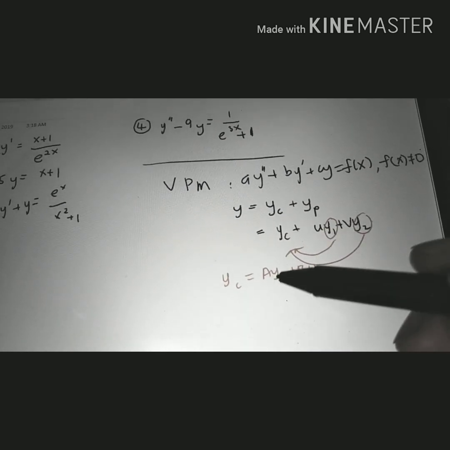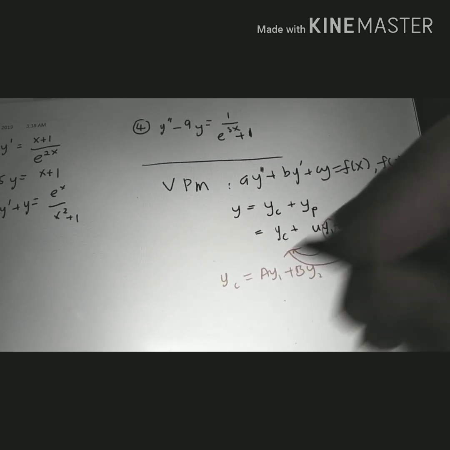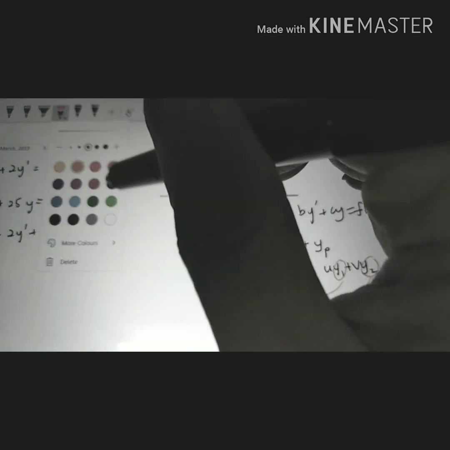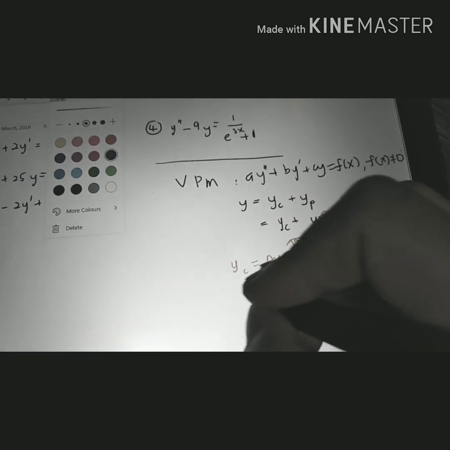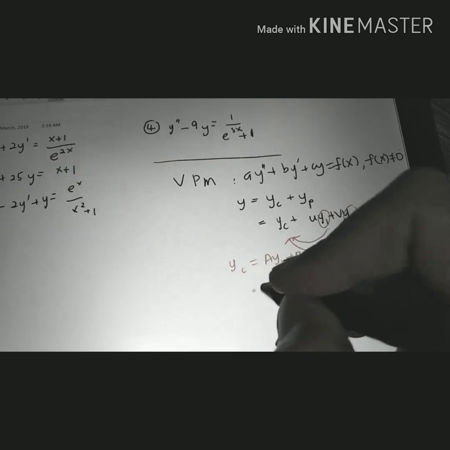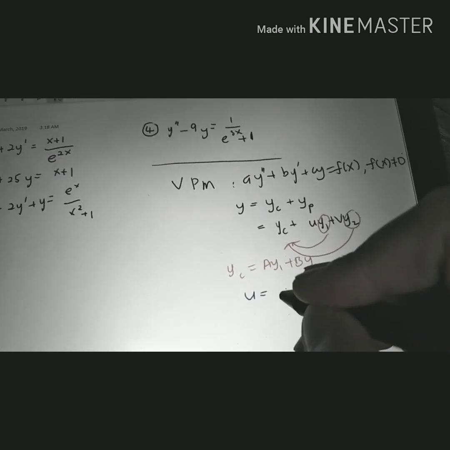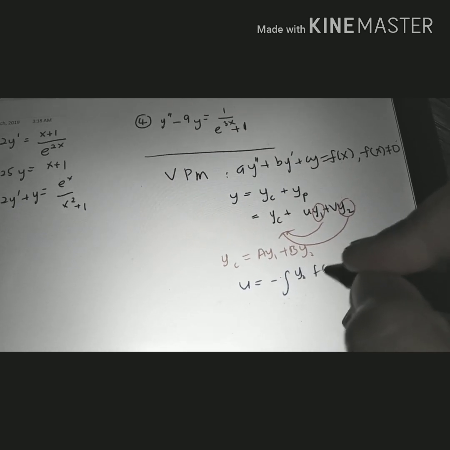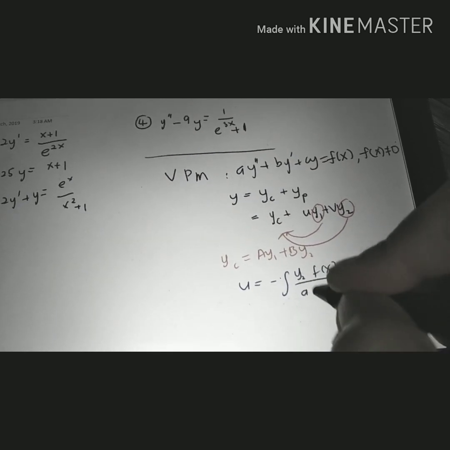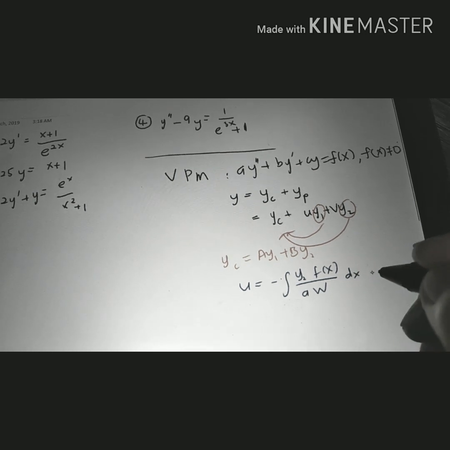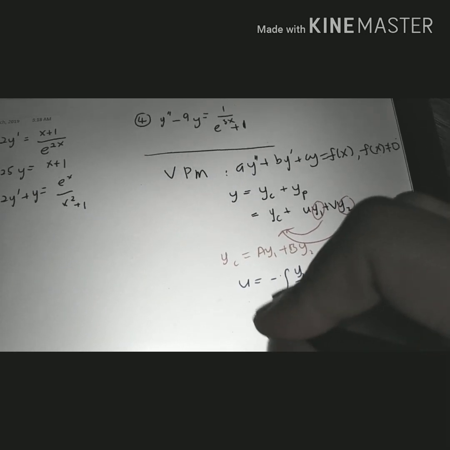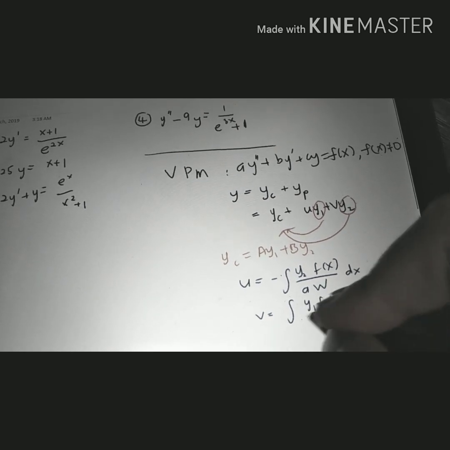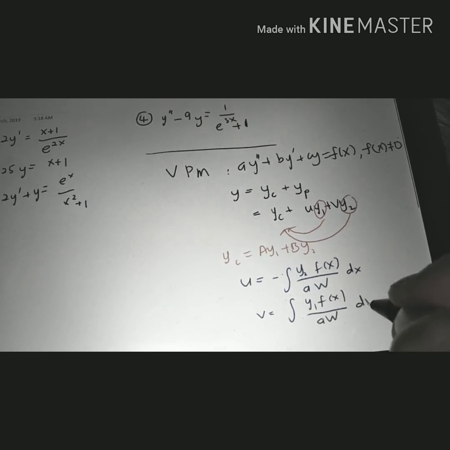So y1 and y2 you can choose from the homogeneous solution, and then our u is given by the formula of negative integration of y2 f(x) over aW dx. Do not add any constant here, and then v equals the integral of y1 f(x) over aW dx.